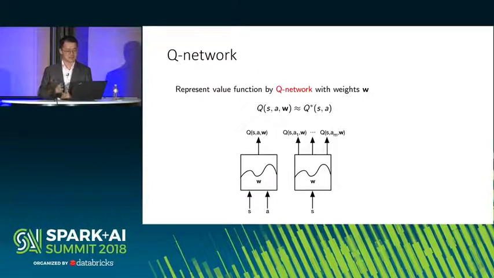Another choice is that we just use the state feature as the input of the neural network, and then output all the values for each of the actions. The popular choice is the right one, since it means we can run inference just one time and get the result for all the actions. If we use the pattern on the left, then for each action we need to run the neural network multiple times, which is not computationally efficient.